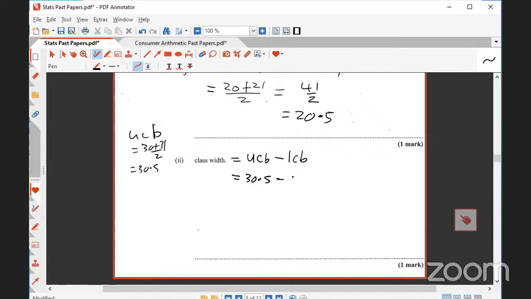So 30.5 minus 20.5, our class width is 10.